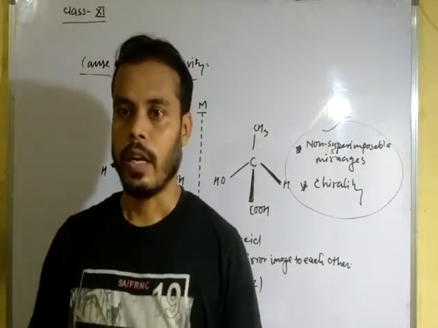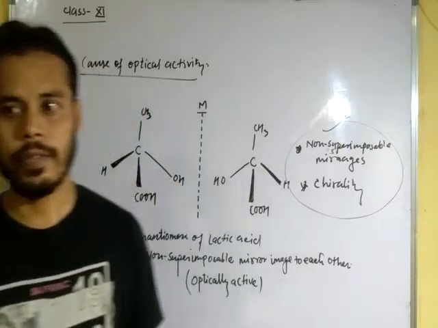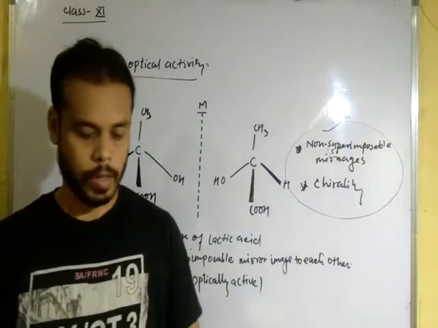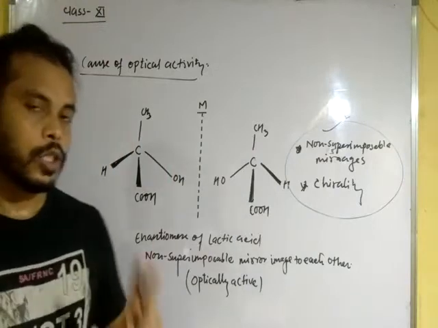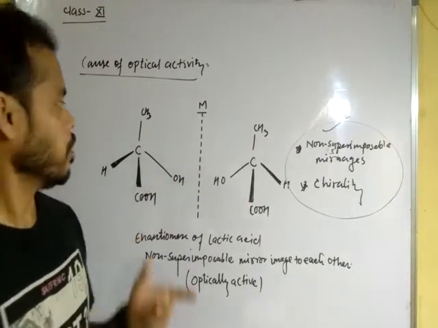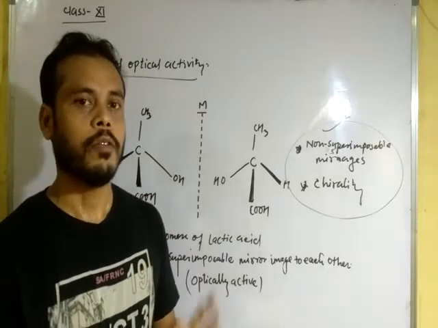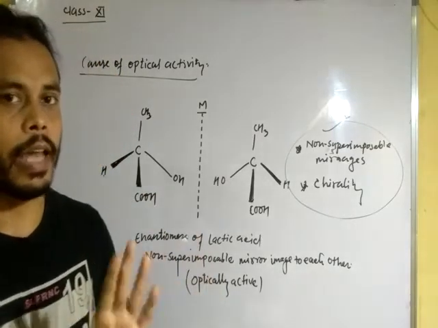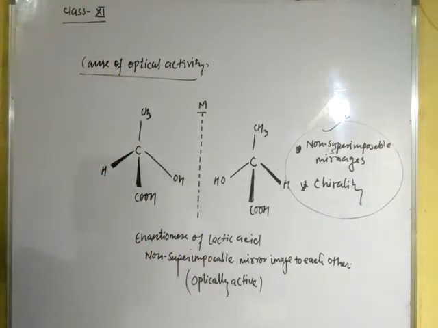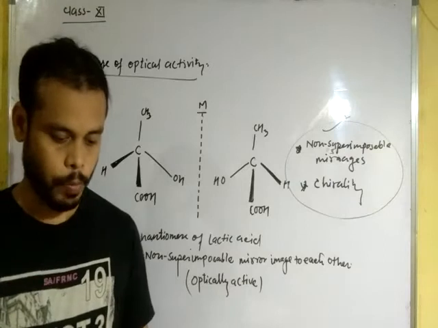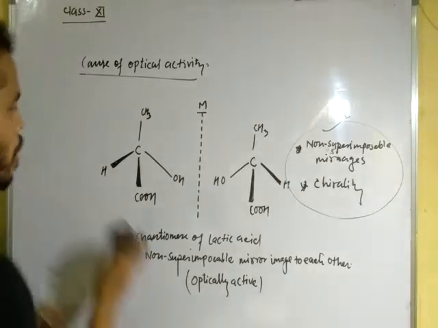Okay, dear student, let us see another example which is optically inactive. If two groups attached to a carbon atom are the same, the compound will be optically inactive. Suppose we have propanoic acid.